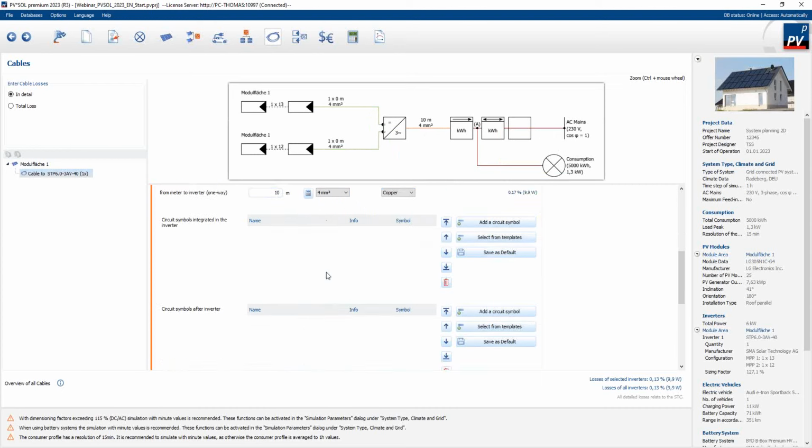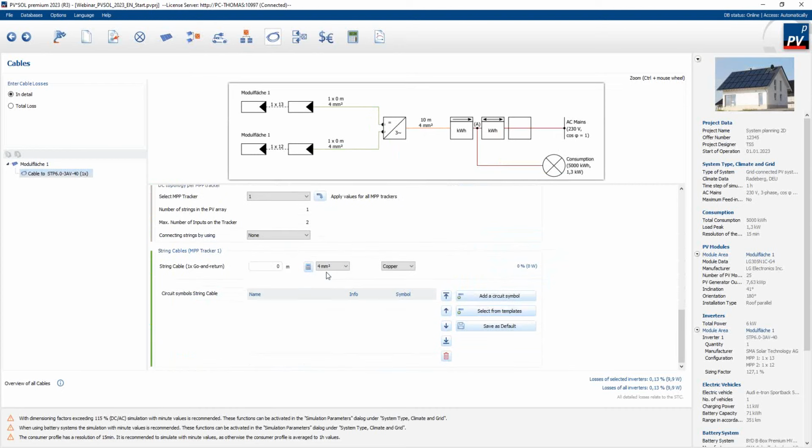Okay, then we have to go down. Here's the part with the string cables, and you have to define this for MPP tracker 1 and MPP tracker 2. Or if the length is the same, you can apply it for all MPP trackers. And please keep in mind, for the string cables, you have to enter the go and return length.